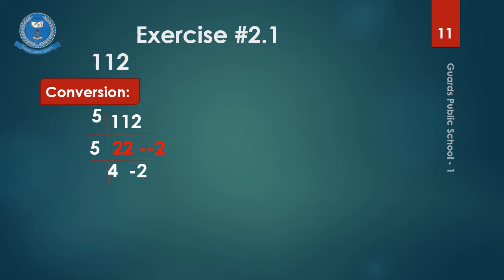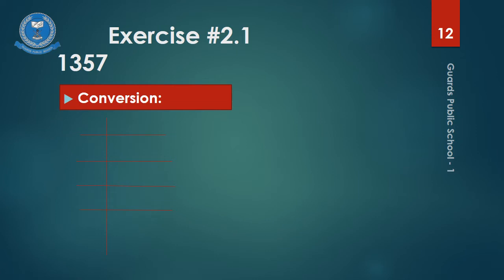Now this 4, we will not divide further by 5. So we will write our answer as indicated with the direction of the arrows. We will get the digits 4 2 2, and this 422 is the number of base 5 which is equivalent to 112.